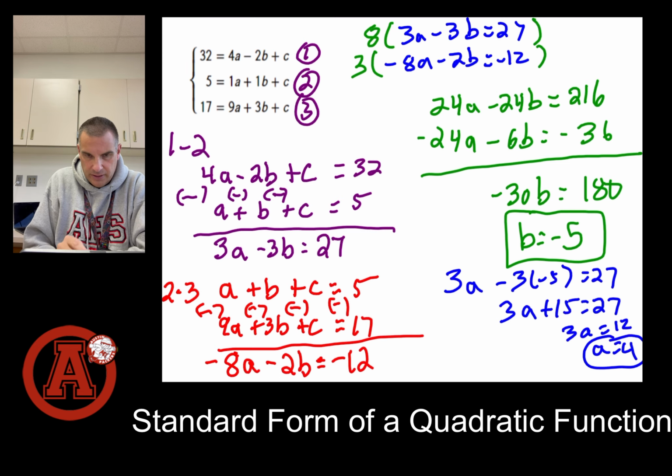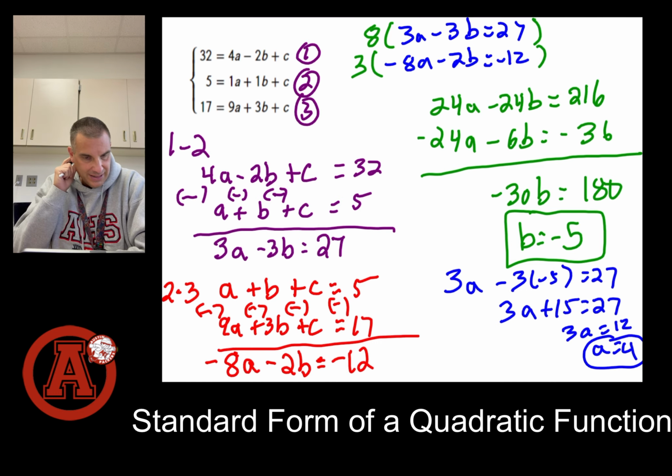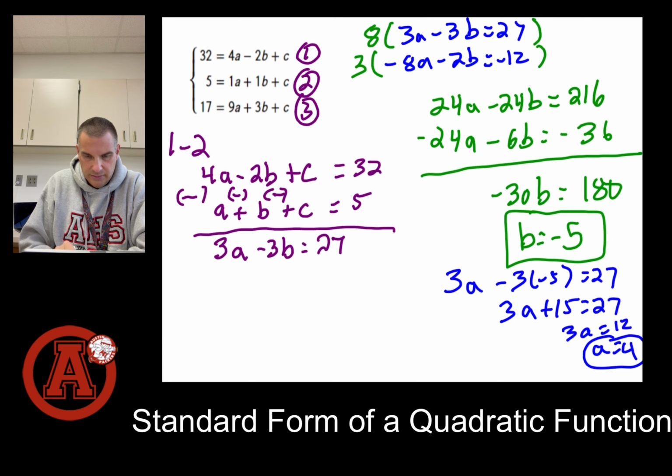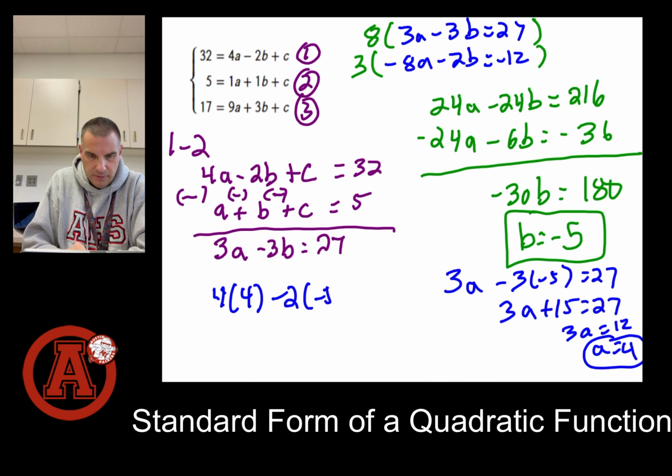We've got 32 is equal to 4 times a, so 4 times 4, minus 2 times b, which is negative 5, plus c equals 32.